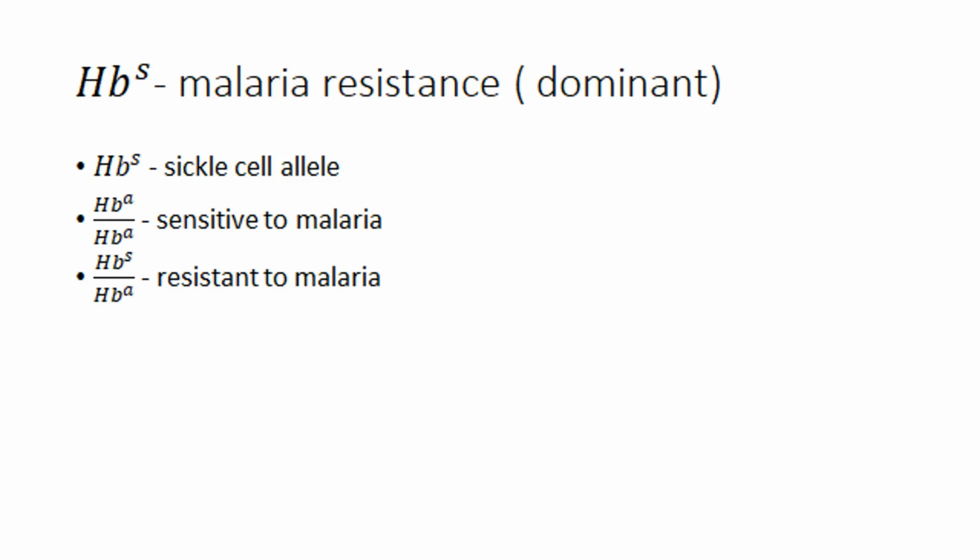And also, if we have an organism with only one allele for sickle cell anemia, it will be resistant to malaria. Only one allele is sufficient to be resistant to malaria. This is an example of dominance.